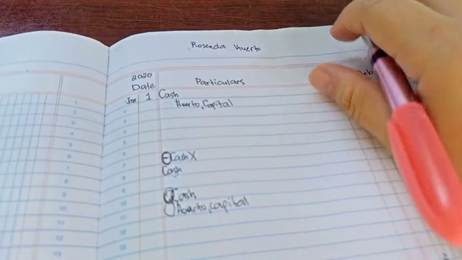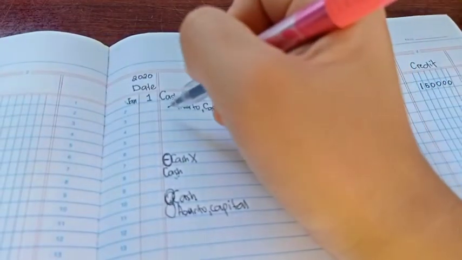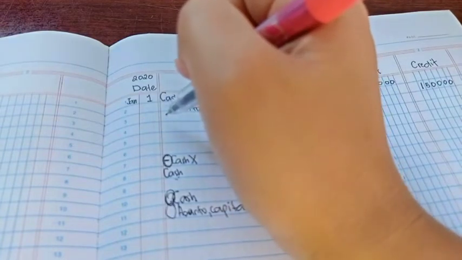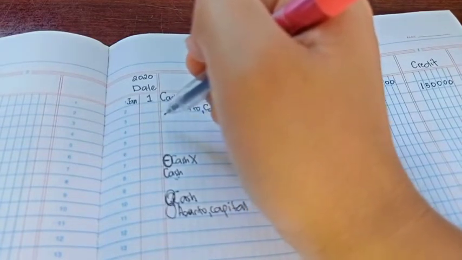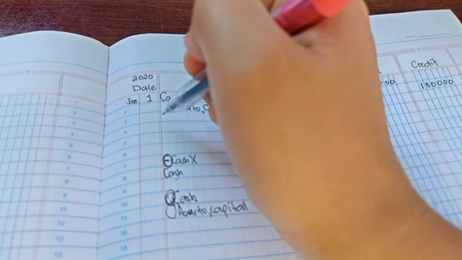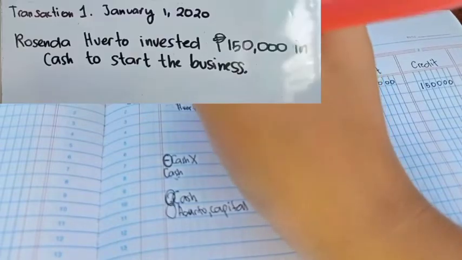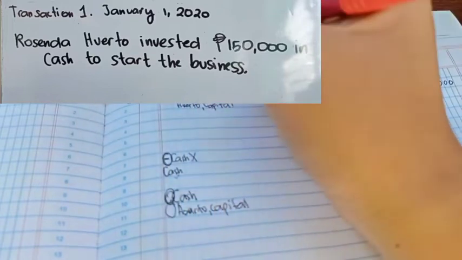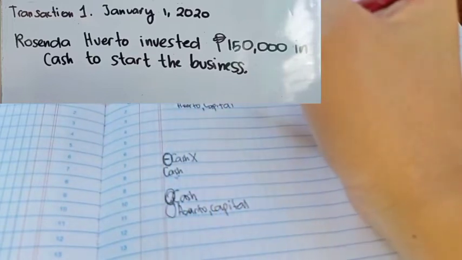Okay. Now, we will proceed to the last part of a journal entry. The explanation. The explanation class, it is very simple. Makikita mo lamang ito sa problem itself. Okay, the problem stated, Rosendo Huerto invested 150,000 in cash to start the business.